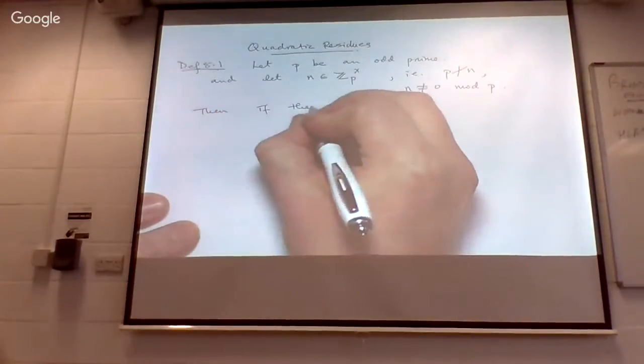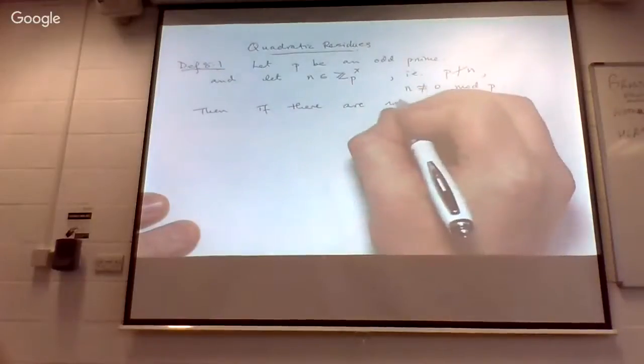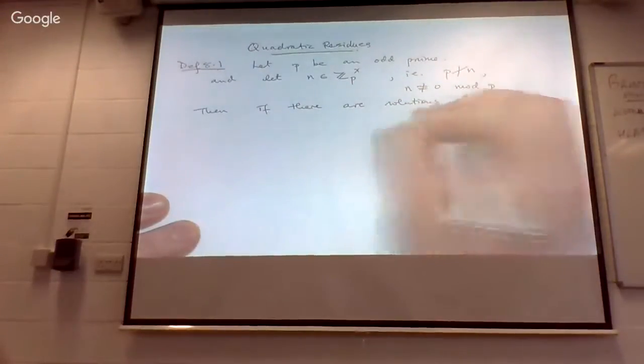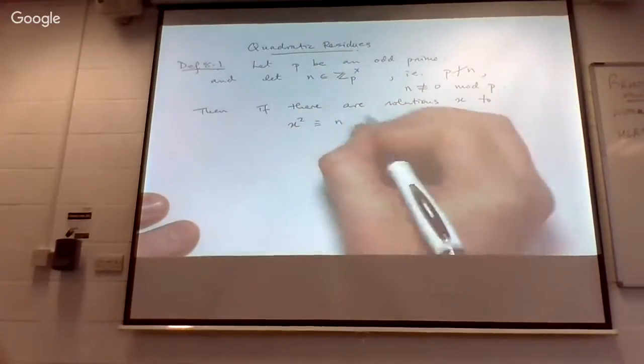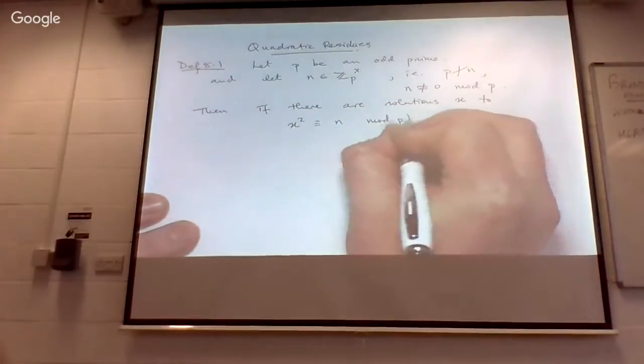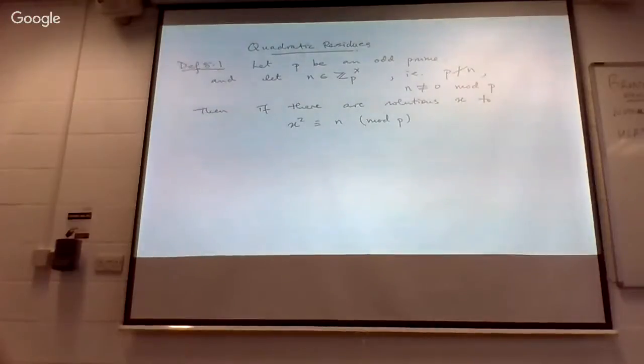And if there are solutions x to x squared being congruent to n modulo p, then we say n is a quadratic residue.